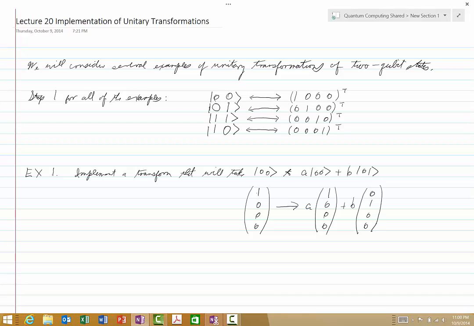So we can see that only two of the components of the vector 1 0 0 0 are being changed. And so since that is the case, if we choose the way that the transform affects the other states, we can guarantee that this will turn out to be a two-level unitary transform. And of course we know very well how to implement those.